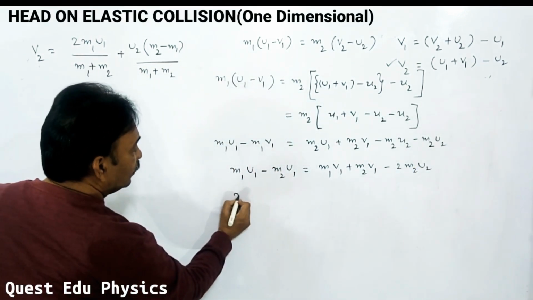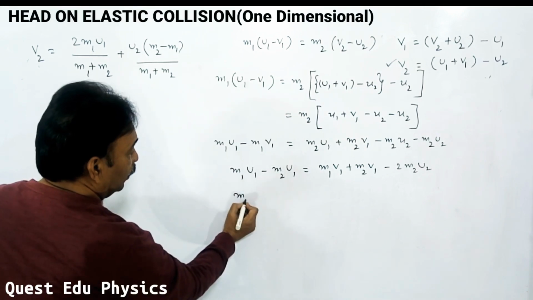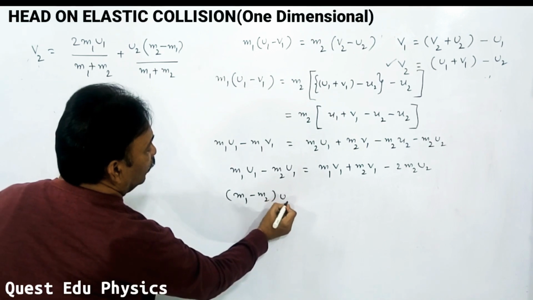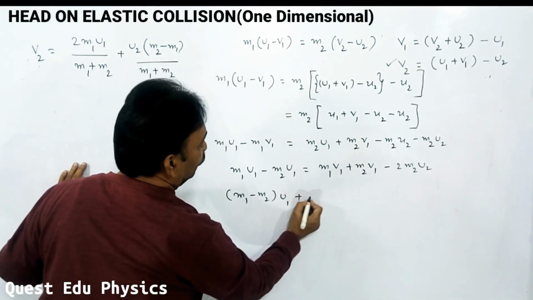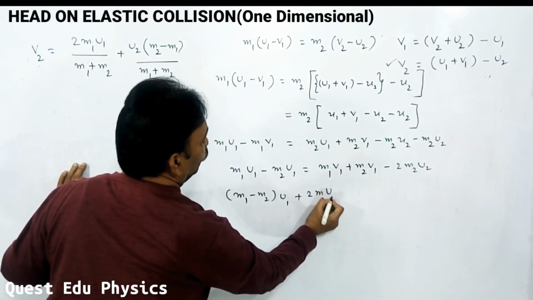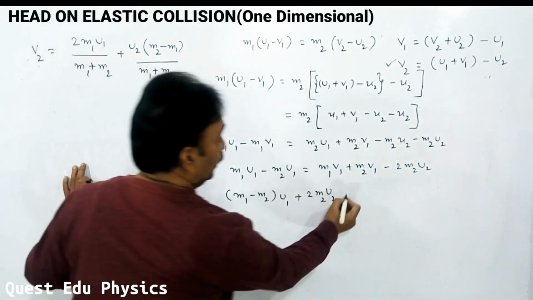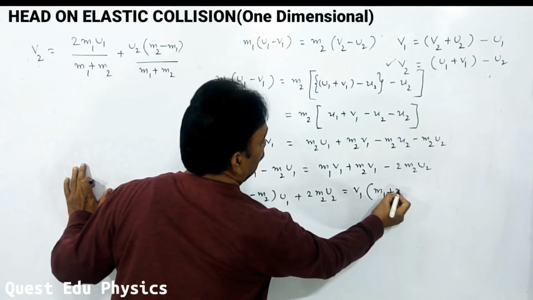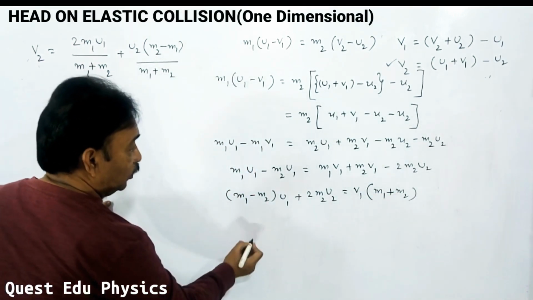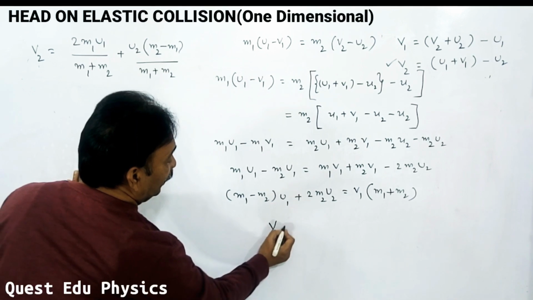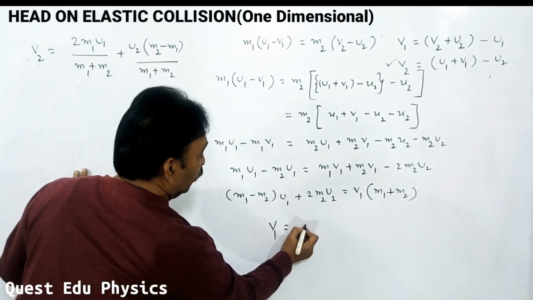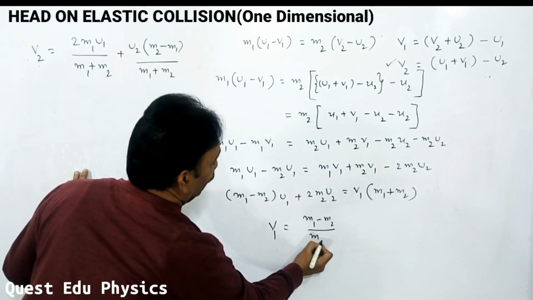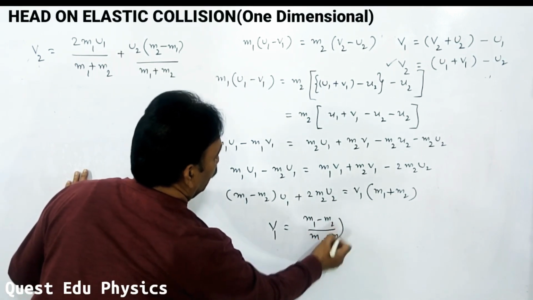It can also be written as m1 minus m2 of u1. I'm bringing this here. It is 2m2 u2 is equal to v1 of m1 plus m2.